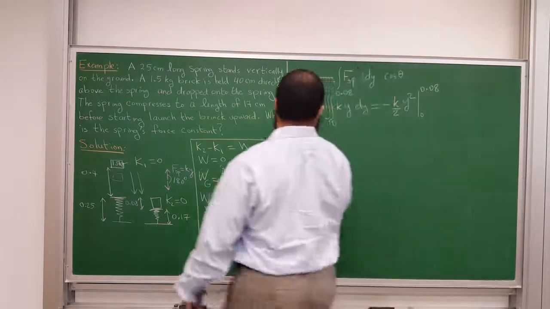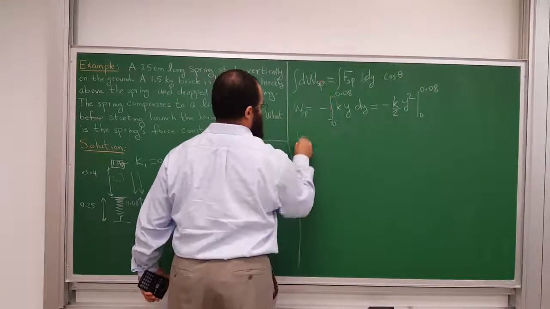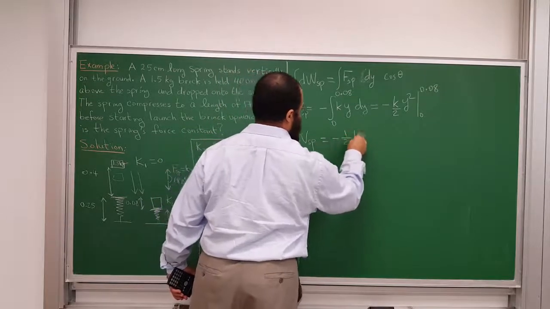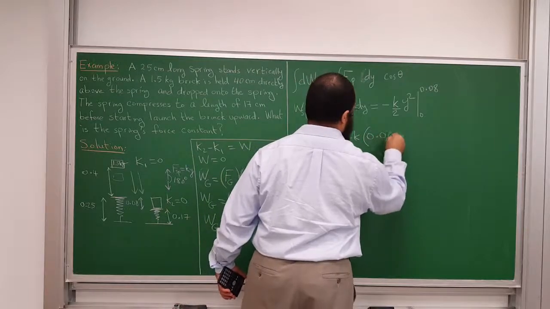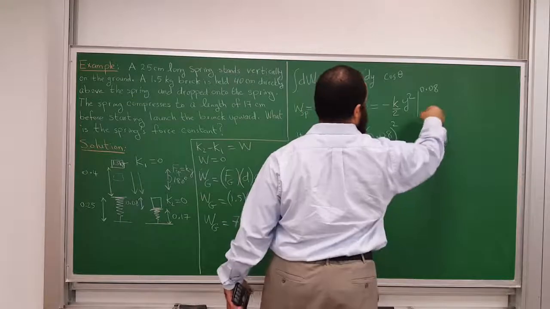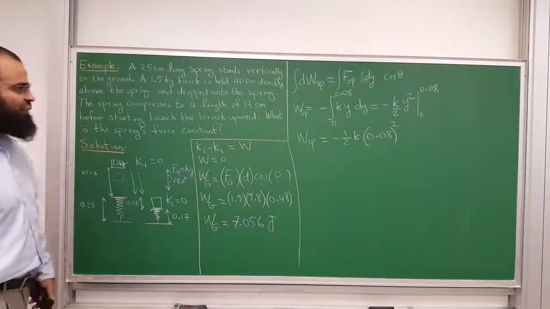So I get that the work done, I should say SP here for spring, by the spring is equal to negative 1/2 of K times 0.08 squared, minus the function evaluated at 0, which is 0. So it's just that. That's the work done by the spring.